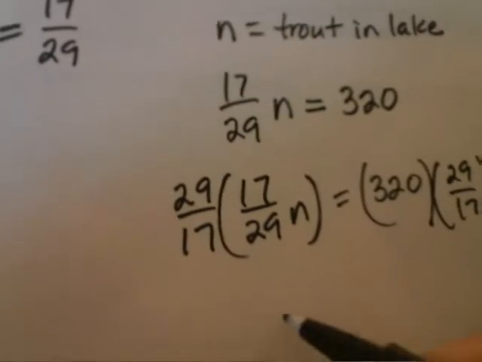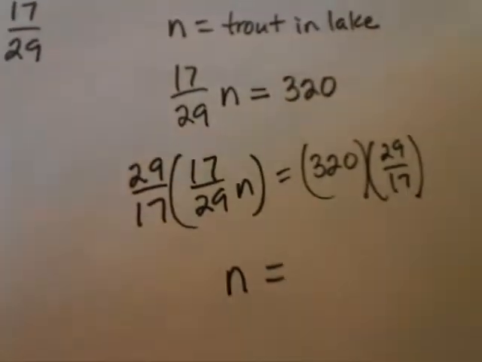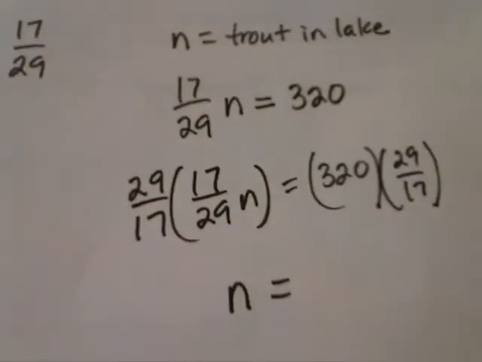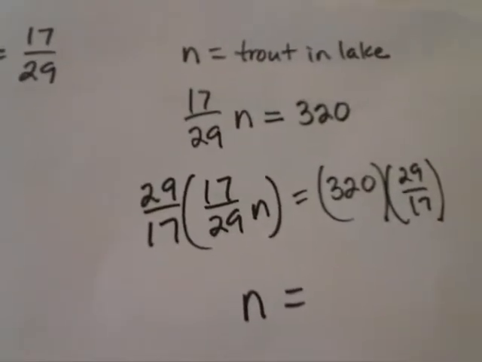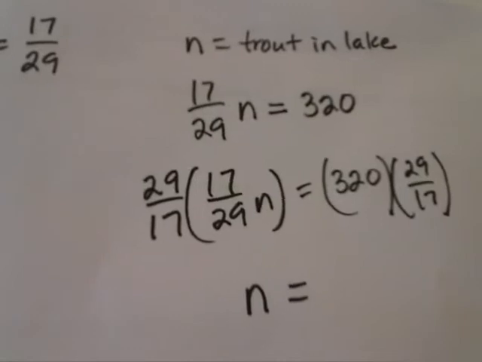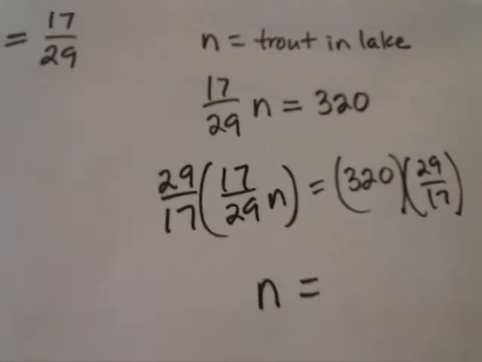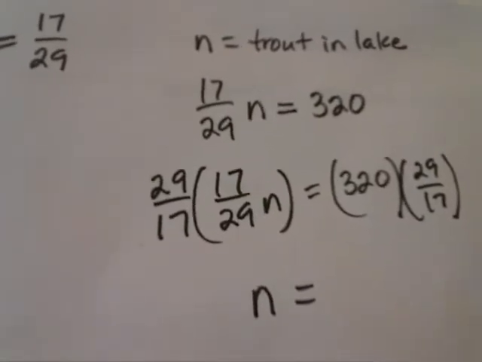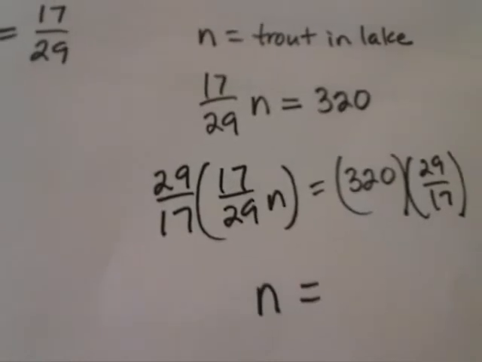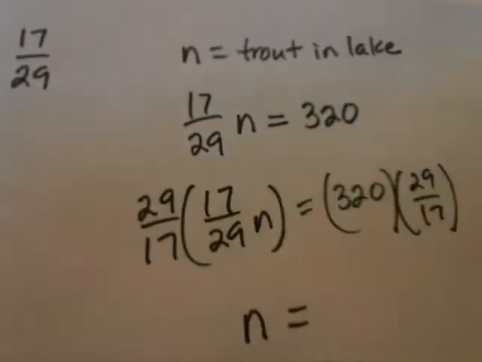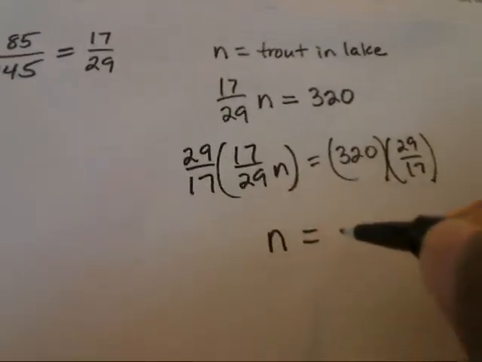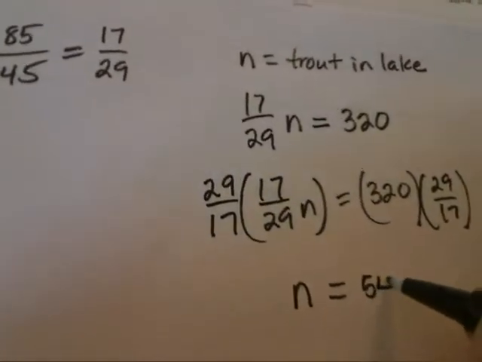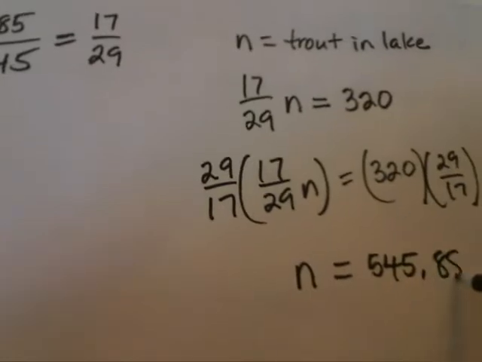When I do that, I'll have n equal to 320 times 29 divided by 17, which as a decimal gives me 545.88.